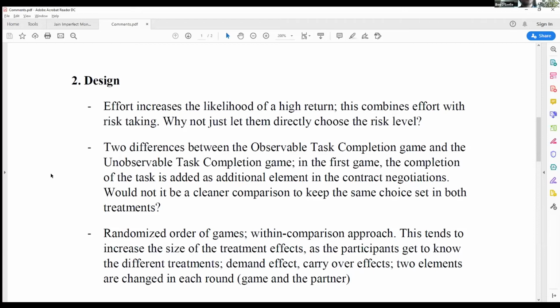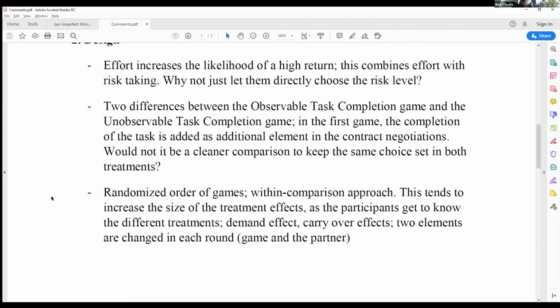And the other element that I struggled a bit with was that there were actually two changes made between the two tasks.